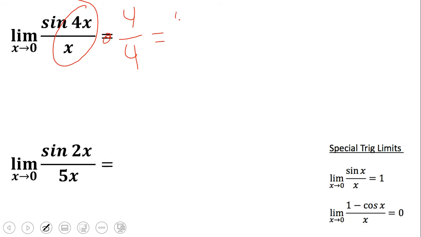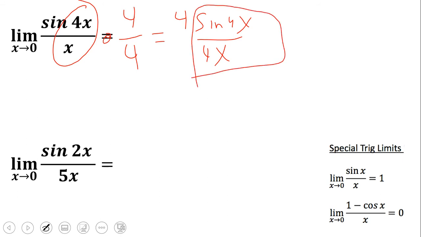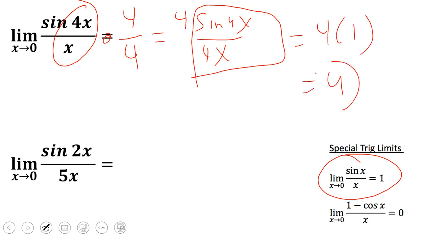Well, if I multiply that, I'm going to get 4 sine of 4x over 4x. Now that I have the sine of 4x over 4x, I am allowed to use this formula because, as long as those quantities are the same, that's going to equal a 1. So 4 times 1 gives me a limit of 4.